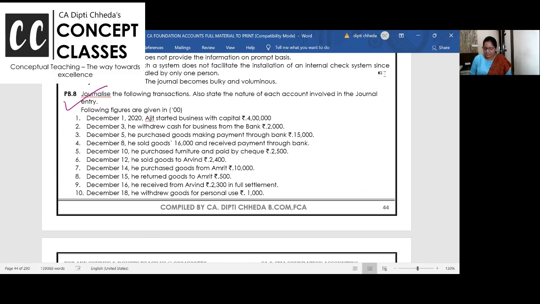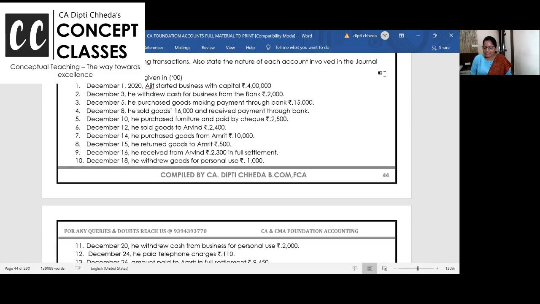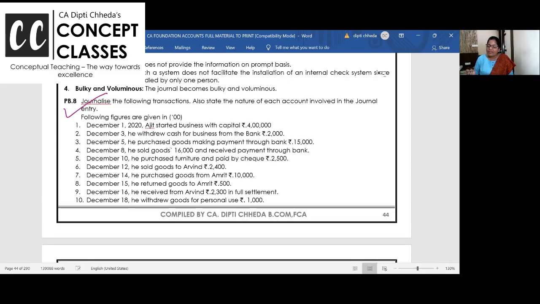So, Ajit started the business, and he withdrew cash from the bank. You also have the book, I also have it. We will read one transaction and pass the journal entry. But this time, they have asked us to write the nature of each account, whether it is personal, real, or nominal.